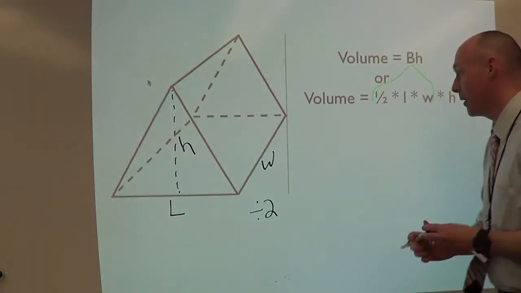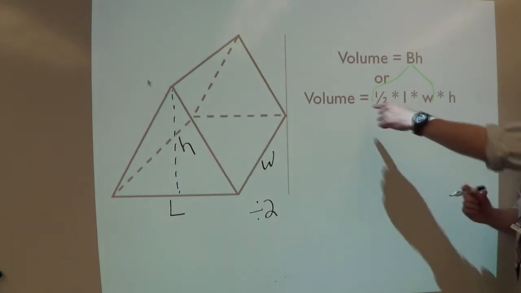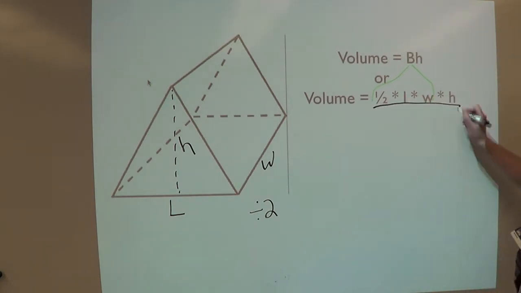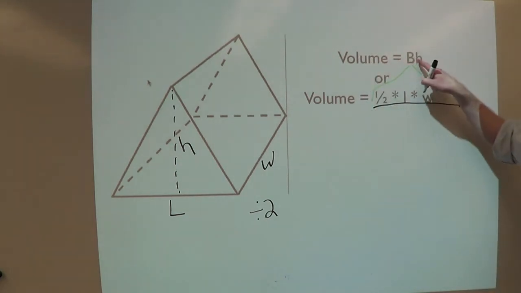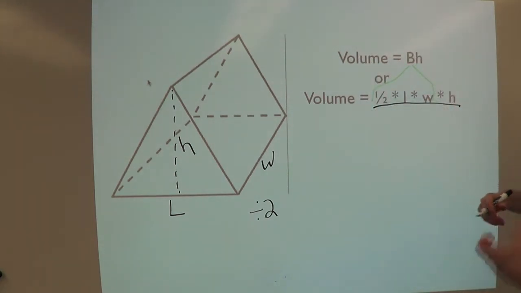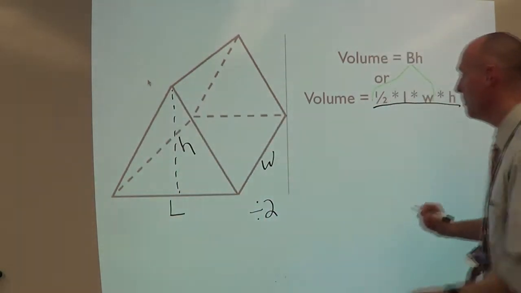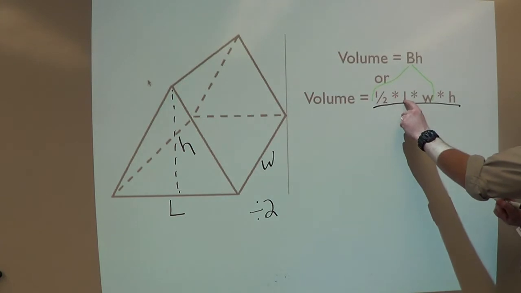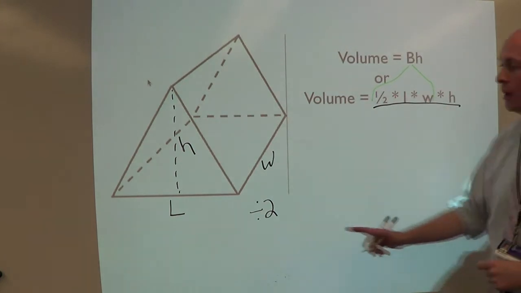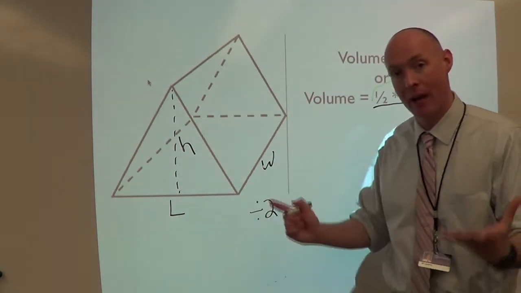Don't forget that part. Whatever you have to do in your note sheet, underline this, because that is key. You're going to see volume is base times the height, but you got to remember with a triangle, the base being the triangle, it's going to be 1/2 times length times width. Length times width divided by 2.